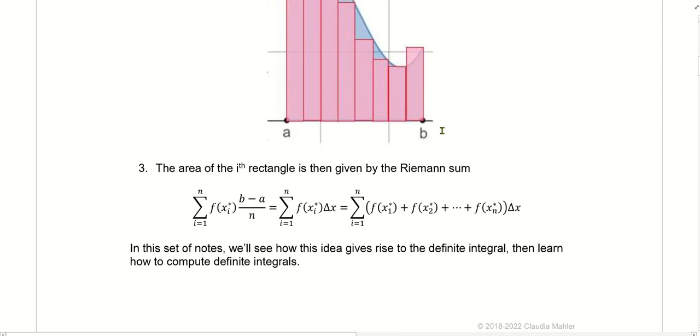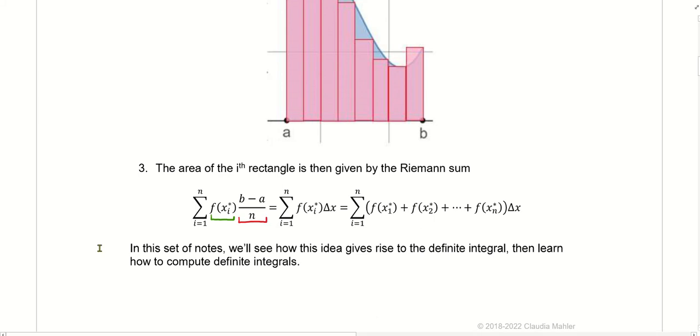And so the area of the ith rectangle is given by this idea of the Riemann sum. And so when we talk about the area of all of the rectangles, you can think of it as the approximate area under the function is given by that Riemann sum, the sum of the areas of the rectangles, so the widths times the heights, and we just sum all of those.